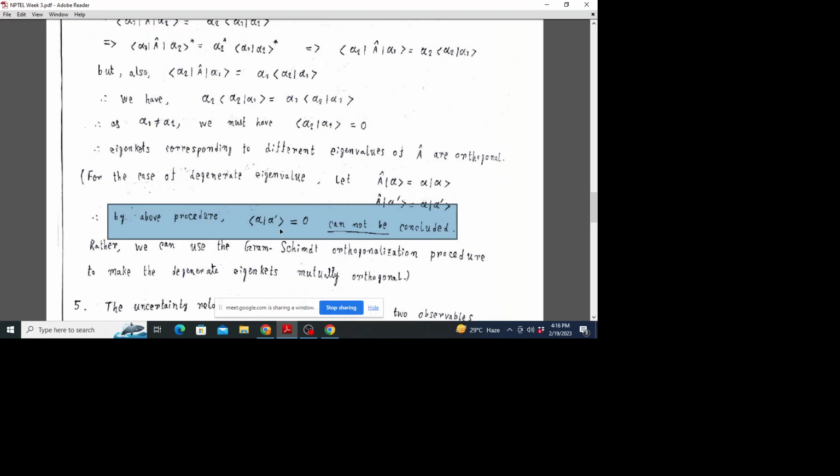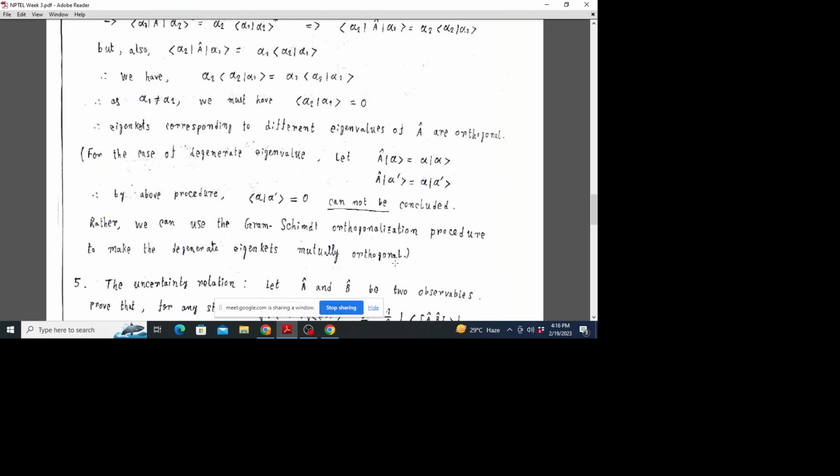At most, we can only take them to be linearly independent. And then, after choosing some linearly independent alpha and alpha dash, we can use the Gram-Schmidt orthogonalization scheme to make the degenerate eigenkets mutually orthogonal.